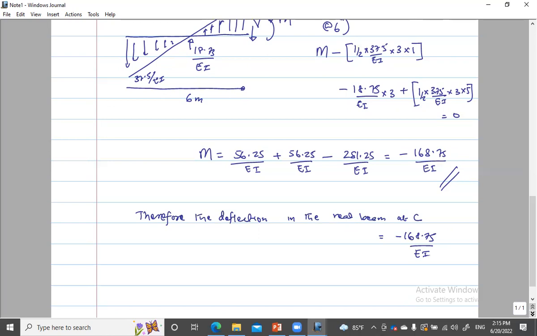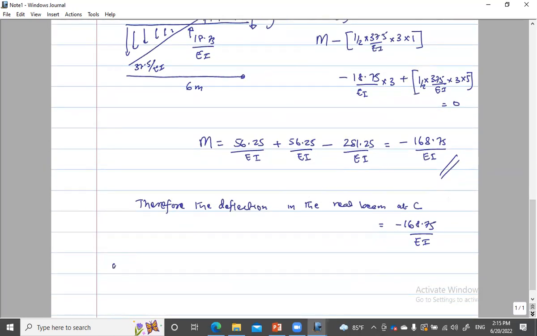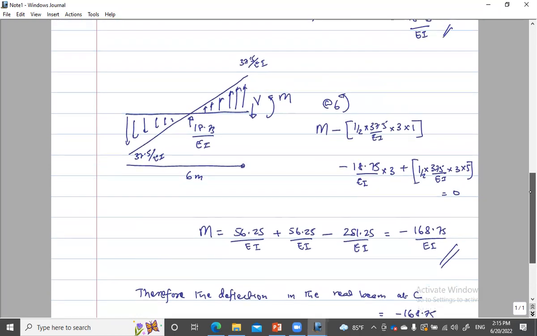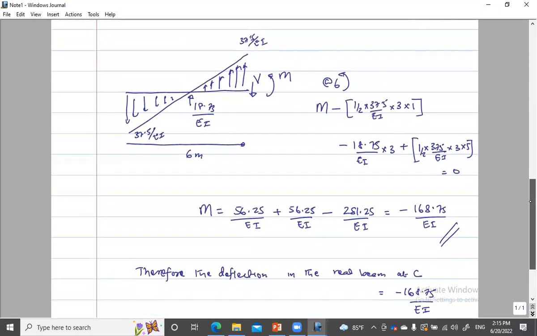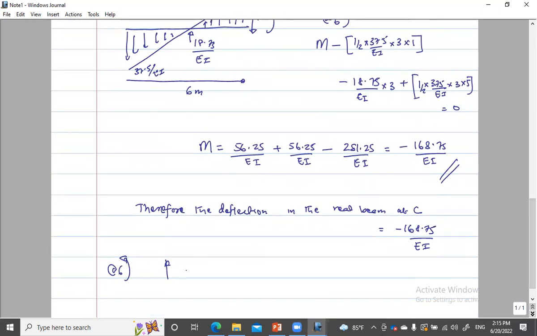So if you ask me what is the slope, that is the shear force. So what is the shear force at 6? At 6, if you balance all the forces upward, you have minus V, which is acting downward, and you have minus half into 37.5 over EI times 3.